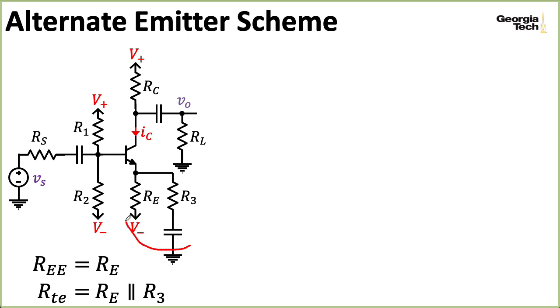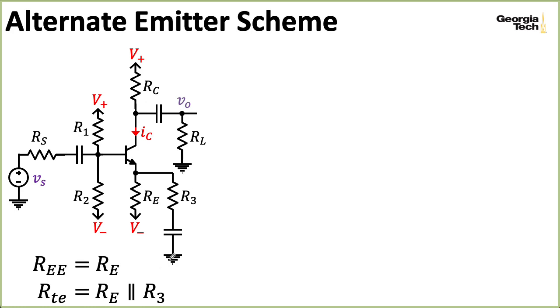Before we close out, I wanted to talk about an alternate scheme of arranging these resistors and capacitors, as I earlier promised. So with the scheme that's been presented here, the DC calculations involve computing a Thevenin equivalent looking out of the emitter that gives a resistance REE of just this resistor RE, whereas the small signal Thevenin equivalent seen looking out of the emitter was RE in parallel with R3.